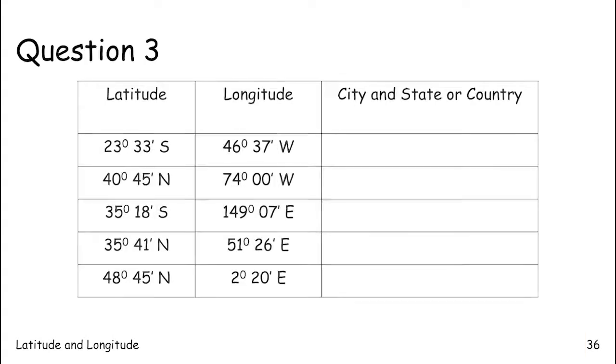So for question 3, what you have to do is you're given latitude and longitude, and you have to find the most major city, based on the map, page 3 in your atlas, that is located at those coordinates. So again, it would be a good time for you to pause the presentation so you can find out the answers to question 3 in the study guide.